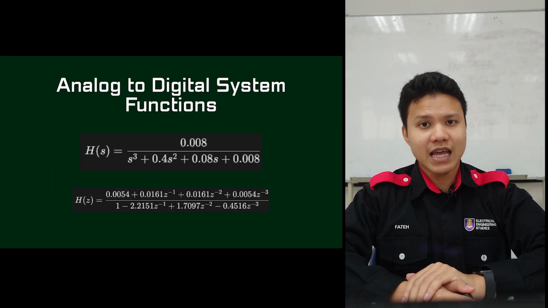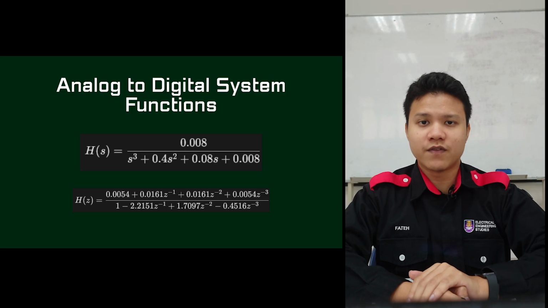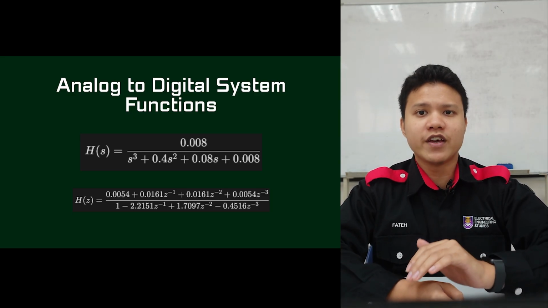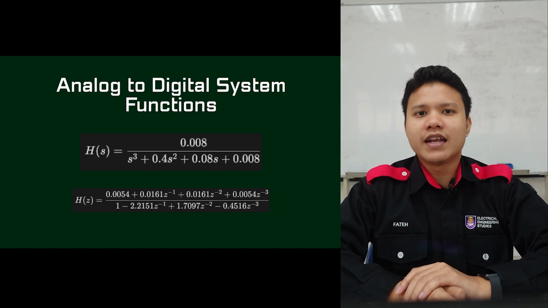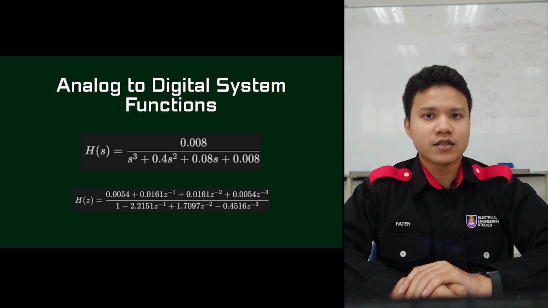Multiplying out our stable poles gives us our continuous time analog transfer function H(s), shown here, which maintains a perfect unity DC gain of 1. Next, we apply the bilinear transform substitutions to map our analog system into the digital Z domain. This yields our final digital transfer function, H(z).